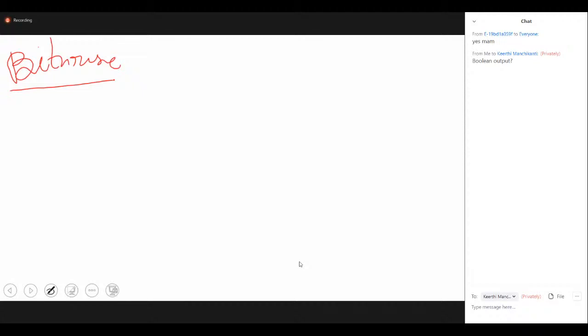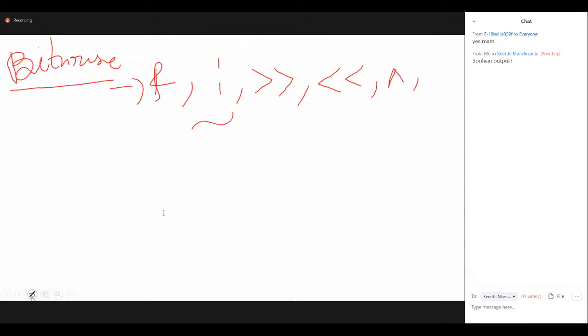In bitwise operators, we have the first one as bitwise and, we have bitwise or, the next ones are right shift and left shift, and the other one is exclusive or, and you have one's complement.